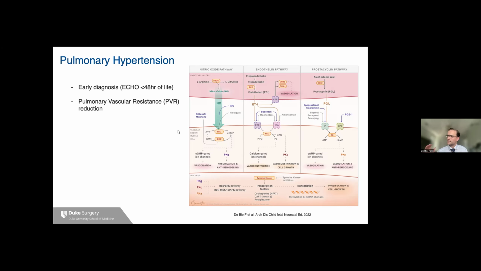Then you have bosentan, macitentan and ambrisentan in the endothelin pathway, which are off-label and are also very expensive, at least in the US and Europe. And then the prostacyclin pathway, again very expensive and no clear benefit shown yet, although many studies are being conducted right now.